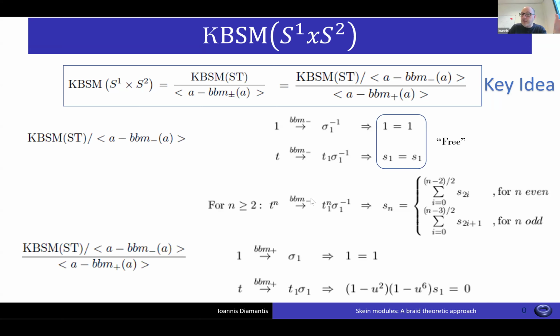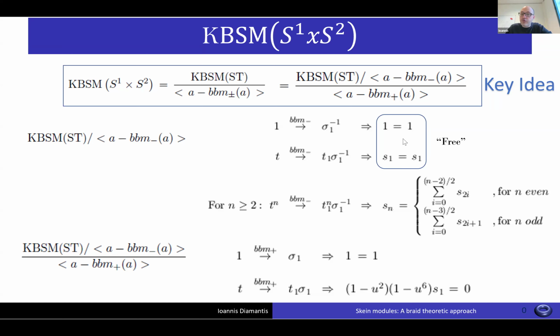And then for n greater than or equal to 2, I prove that anything, t to the power of 2, 3, 4, or whatever, can be written as a sum of these two, with some coefficients that I omit here. Okay, and then I say, all right, so we have the free part, which is generated so far by 1 and t, the affine unknot and one essential unknot, and the rest are generated by these two.